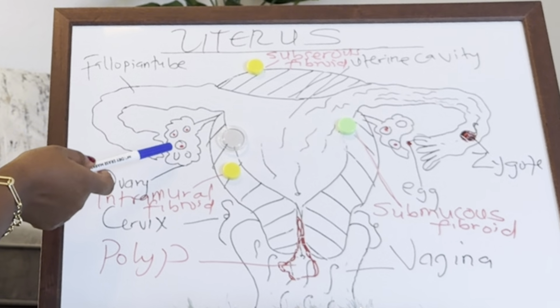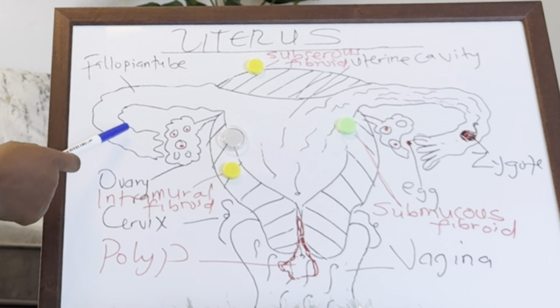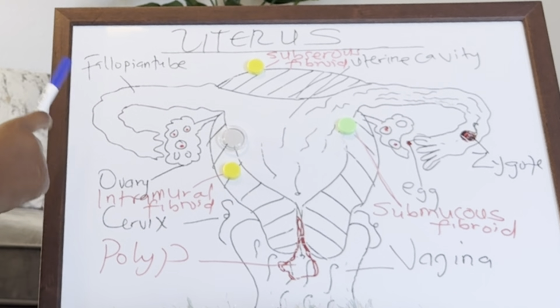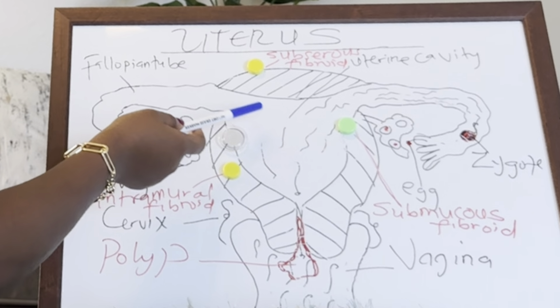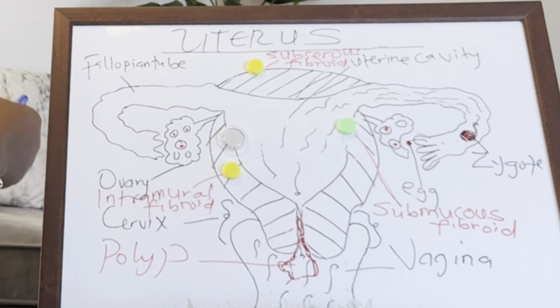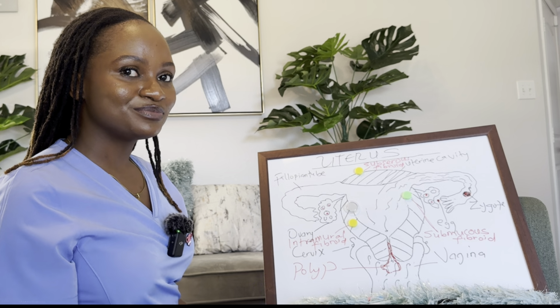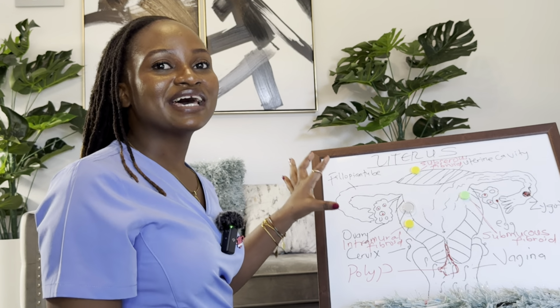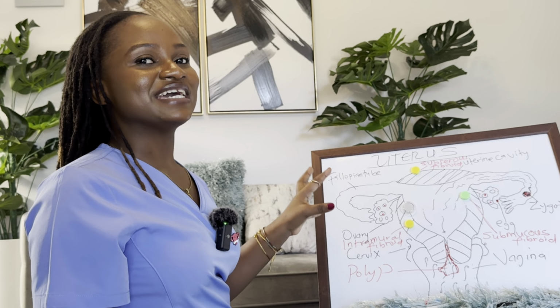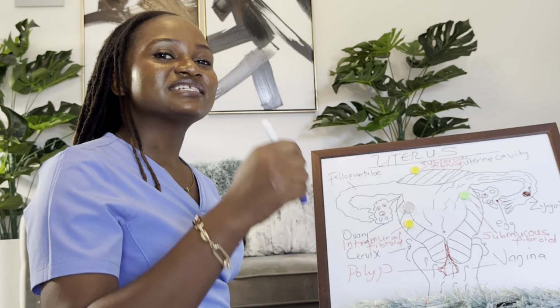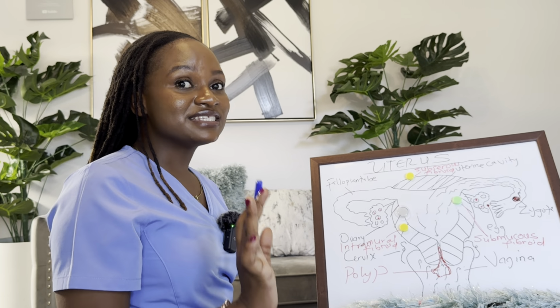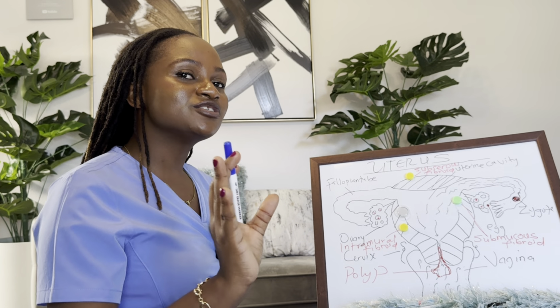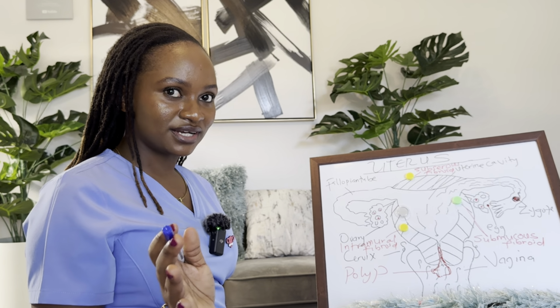But if this month, it is actually in this tube that you ovulated, and the fastest sperm gets to the egg here, then there's a possibility of you getting pregnant. Personally, I have had clients with unilateral, that is one-sided, fallopian tube blockage, and they got pregnant naturally. So it is possible. It just reduces your chances of getting pregnant.